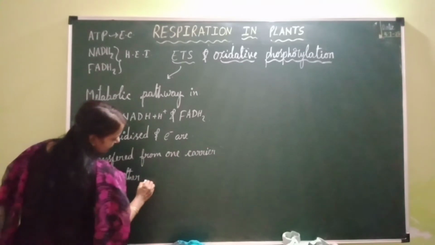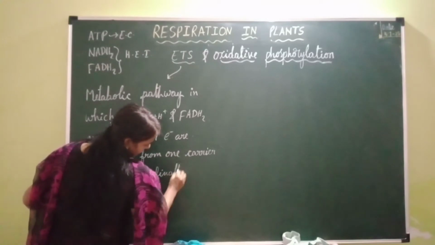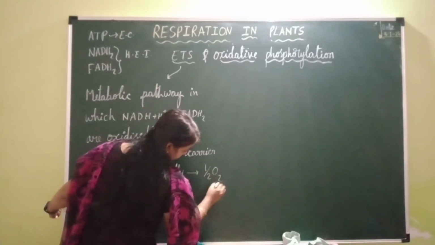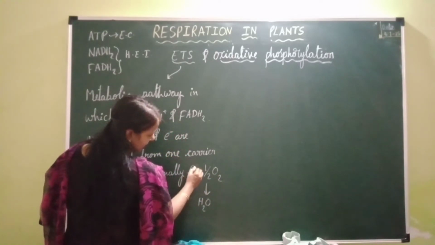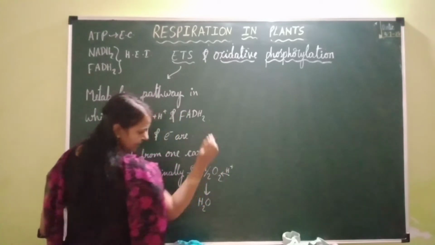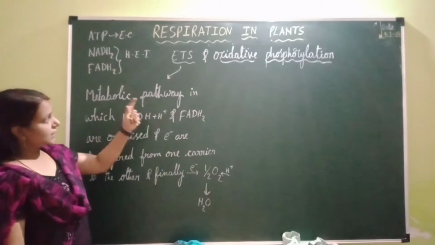Molecular oxygen is nothing but half O2. After receiving electrons, this half O2 consumes protons from the mitochondrial matrix and is reduced into water. Right. So this is ETS.